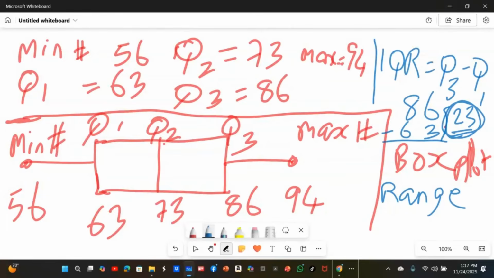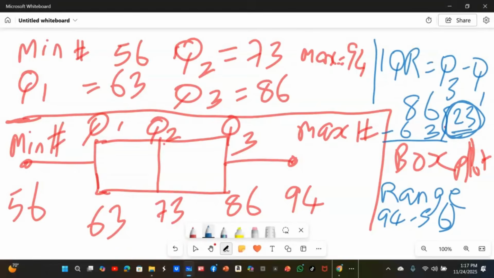So we're going to find 94 minus 56. We got 14 there. 14 minus 6 is 8. 8 minus 5 is 3.